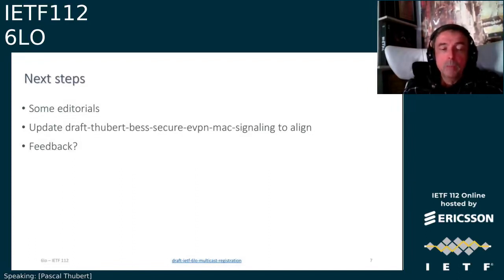We want to ensure that the UNI interface we are defining between the node and the router can be used for any routing protocol, including BGP in the case of EVPN. So on the one hand, we will be extending those other drafts to support multicast.